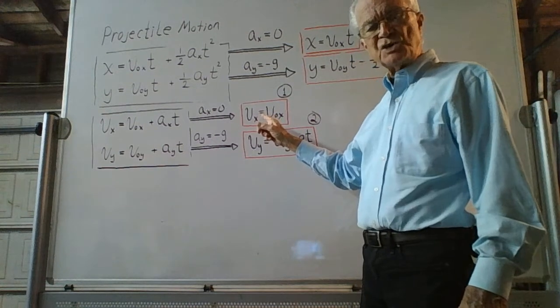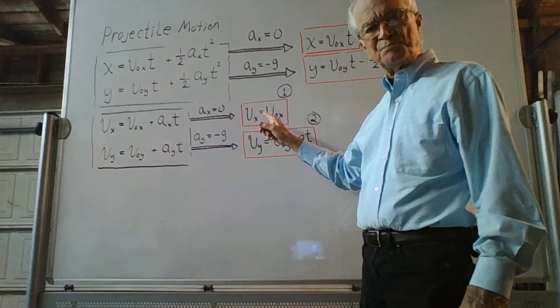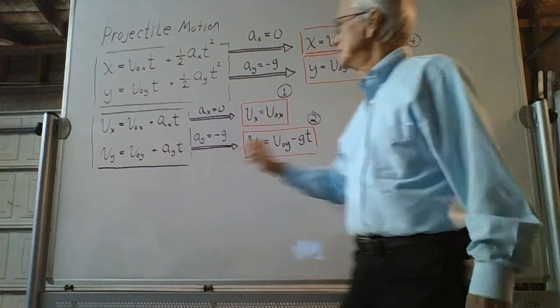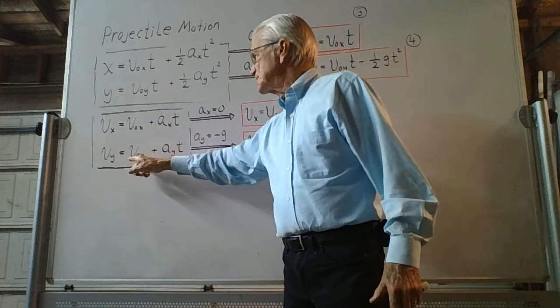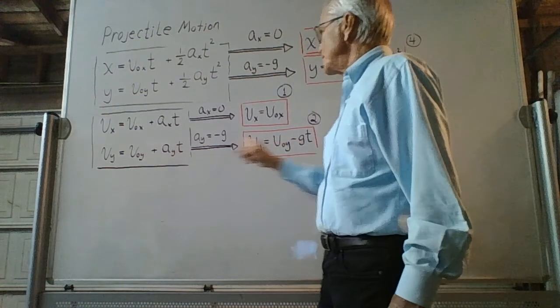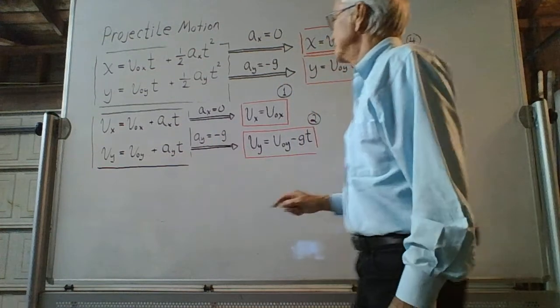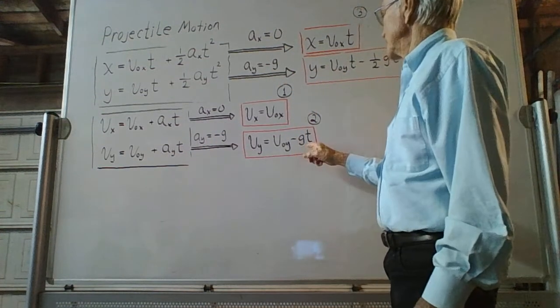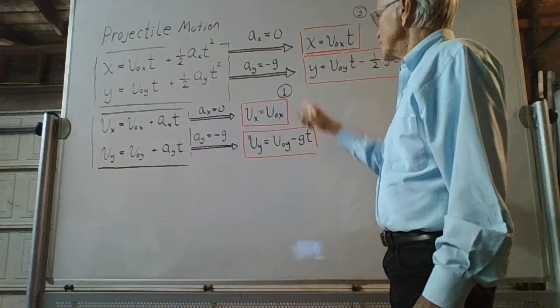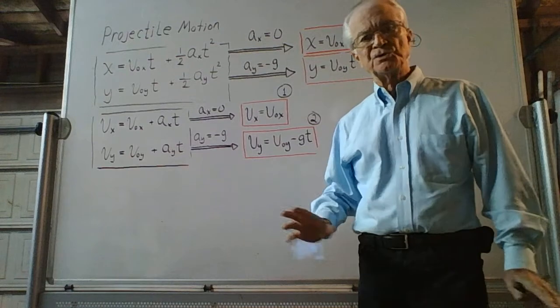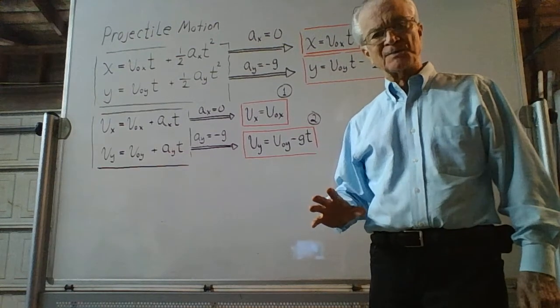It does not change. Whatever it once was, it'll always be. And finally, this equation becomes this one when we replace a sub y with negative g. Equation 2.